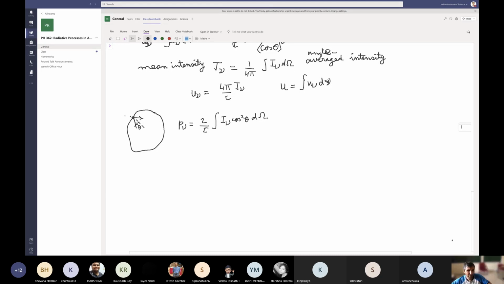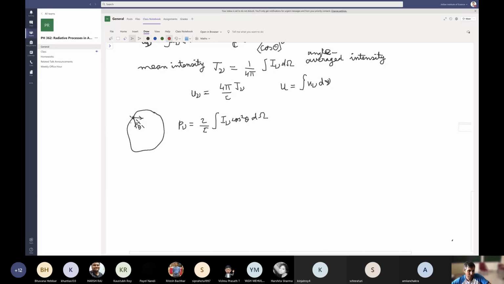You won't have photons coming from... theta can only go from 0 to pi by 2 in this case, right? For theta greater than pi by 2, there are no photons which can get reflected from the surface. Only the incoming photons at this surface can get reflected.